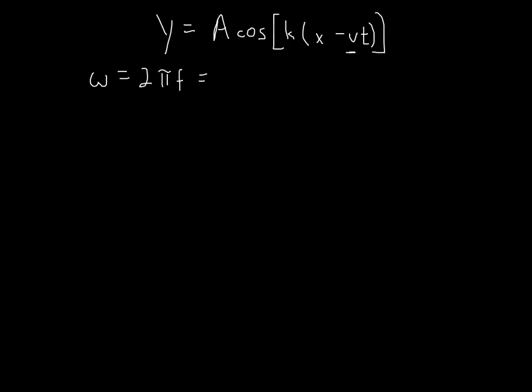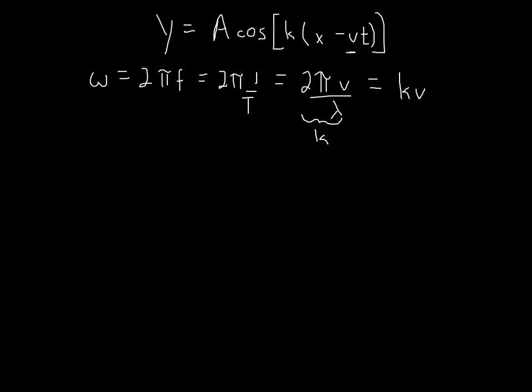But the frequency is 1 over the period. So we have 2 times pi times 1 over the period. And if we keep working with the equations we've already found, we know that 1 over period is the velocity divided by the wavelength, so omega is 2 times pi times the velocity divided by the wavelength. If we look back in our notes, we see 2 pi divided by lambda is equal to k, which is our wave number. So omega is equal to k times v.